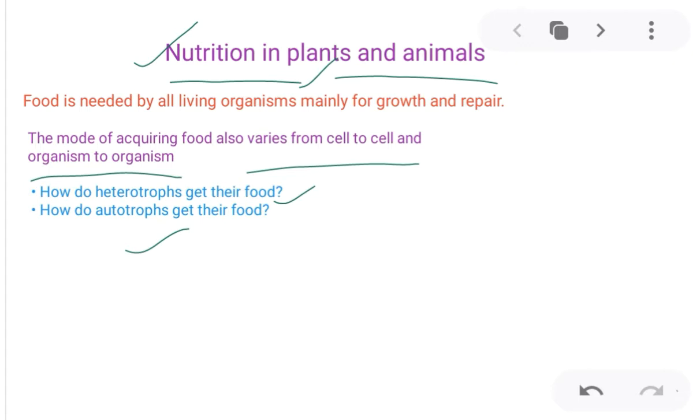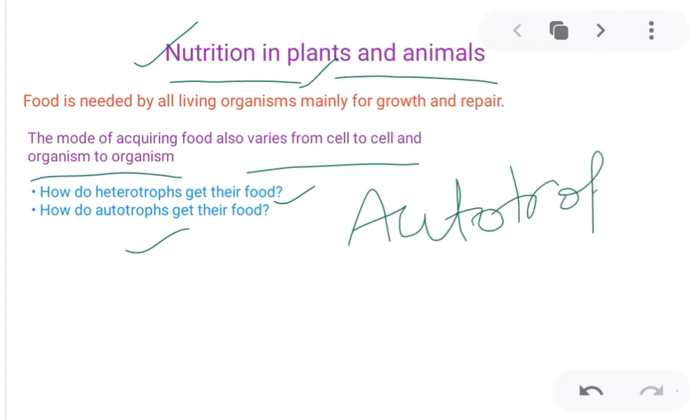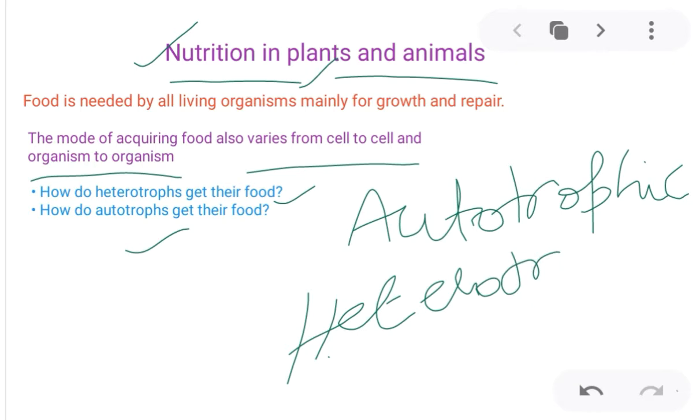What are they? Autotrophic and heterotrophic. Out of them, we'll study autotrophic in today's session. Suppose you see here, how do heterotrophs get their food, how do autotrophs get their food?